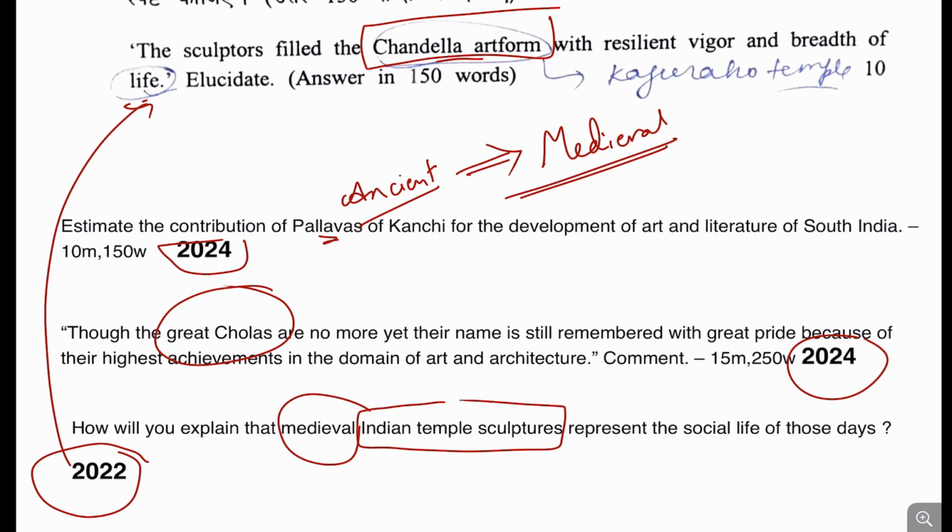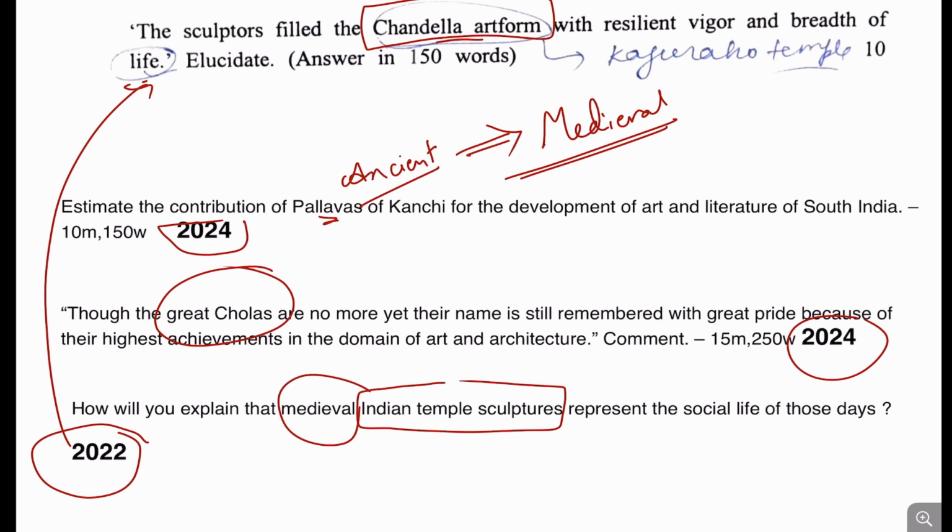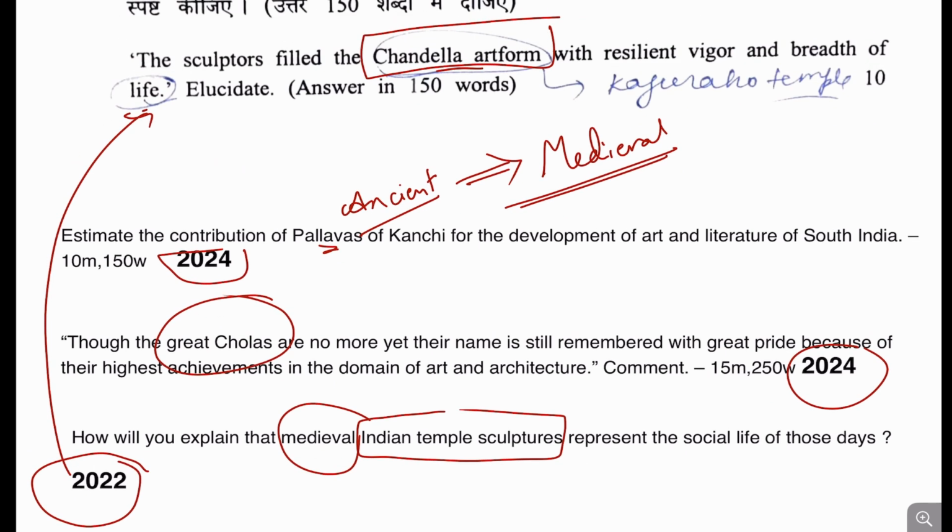That has changed. Now UPSC has moved to medieval rulers like the Chandelas, and the Delhi Sultanate has also been asked. This is the change that this question signifies. So this was the analysis of this question.